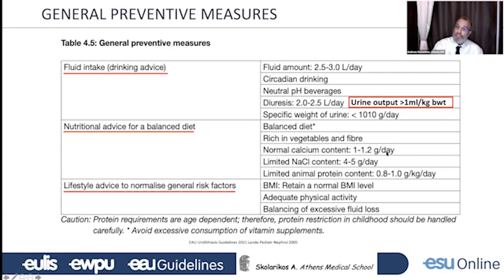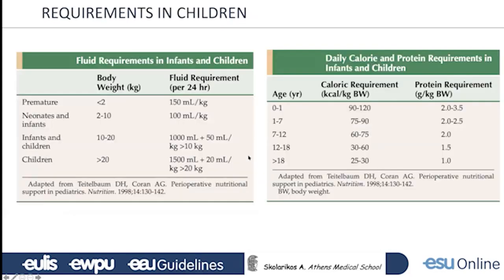Normal calcium intake is very, very important for children, but also limited sodium intake and limited animal protein intake is very important. But especially for children, we should be aware of the daily calorie and protein requirements needed.